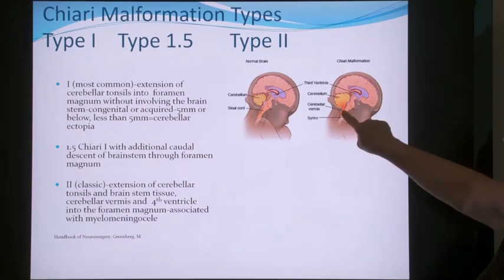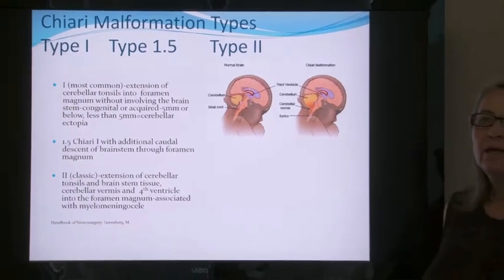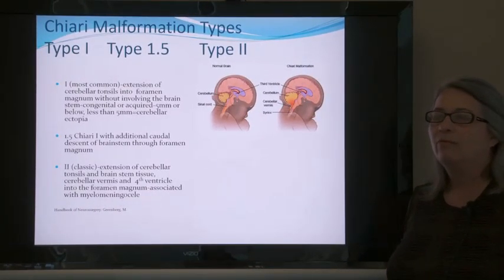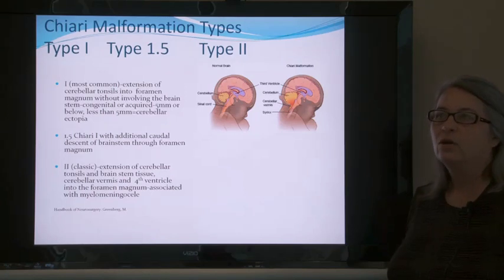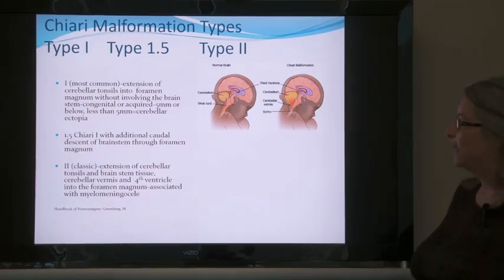It does not involve the brain stem. It generally is there at birth. However, it can never be picked up. It can be incidentally picked up for workups for other reasons, or it can cause a lot of problems, which we're going to talk more about today.